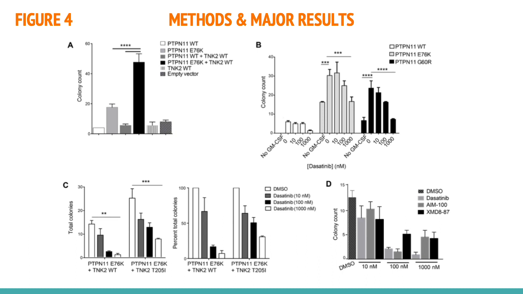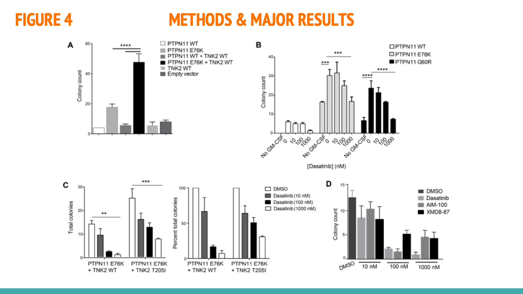That is just used as a control. So we see that there's a lot of colonies because there's nothing being put there to inhibit it. And then we see the different concentrations of dasatinib used and how it affects the different combinations of mutants and wild types for PTPN11 and TNK2. However, they found that gatekeeper mutant TNK2 was less sensitive to being inhibited by dasatinib.